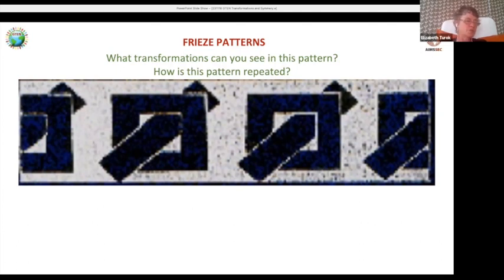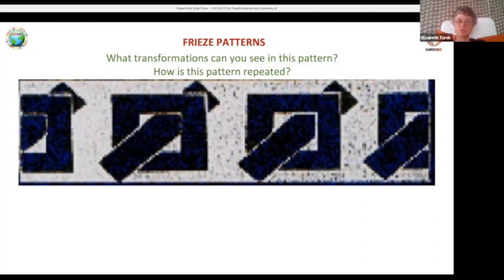Well, I can see a glide reflection. You can see that if you glide along, the patterns are repeated. I'm not sure I agree with that, Elizabeth. Oh, would you not? No, because they're translated. Oh, a translation, sorry.